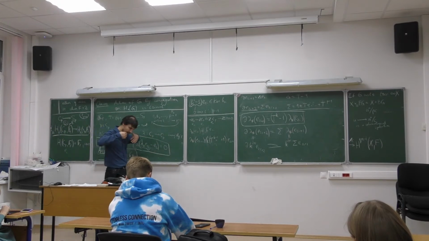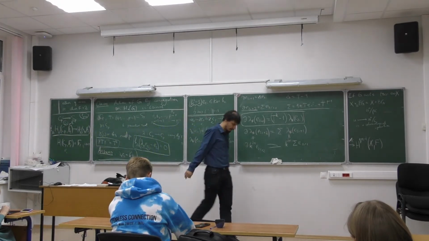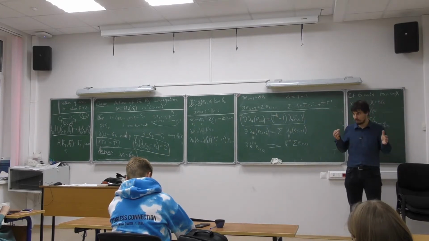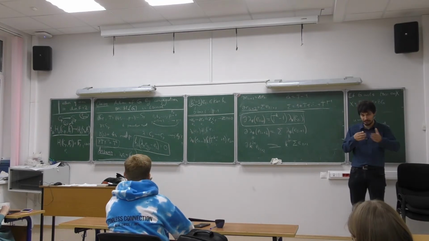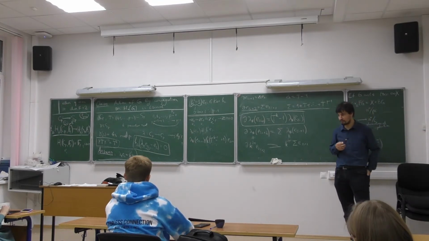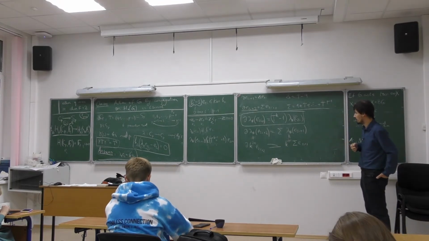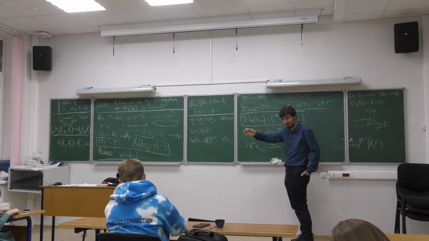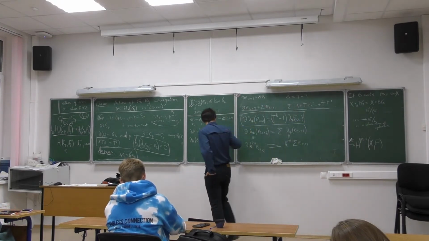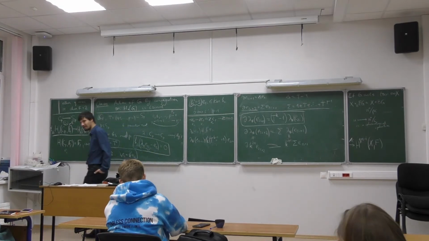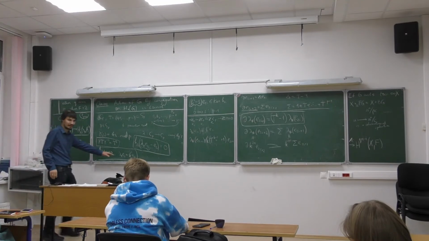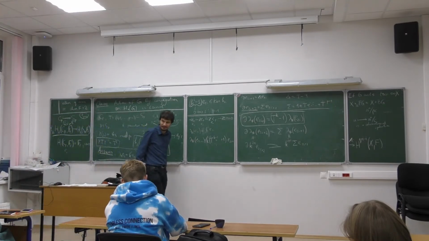We need to extend this automorphism to the resolution, and the action on homology doesn't depend on the action on this resolution. But we need to extend it so that it is an automorphism of the chain complex. We extend in this way, and that's all. On homology, we see this formula.